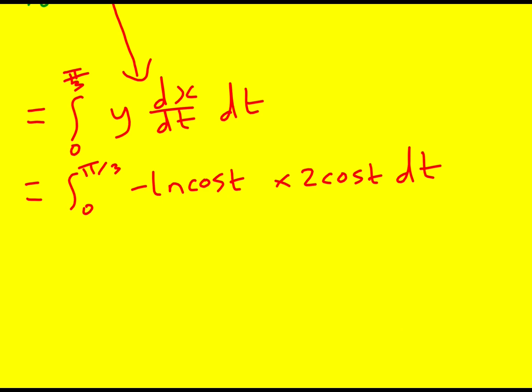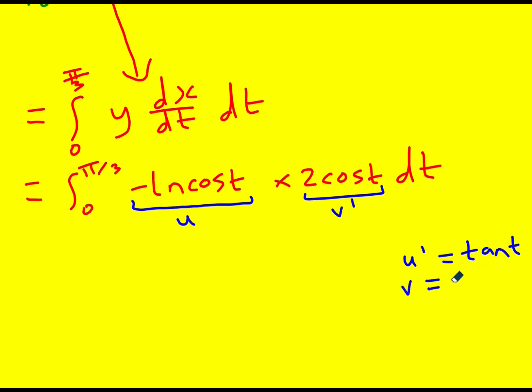I don't think a substitution is going to help. So we need to use integration by parts. Now you don't really want to be trying to integrate the log of something. So we've already actually differentiated it. So that one's going to be u. And remember, when we found dy by dt, we got that it was tan t. You can look back at your notes to see that. And then this can be v dash. So v is going to be 2 sine t.